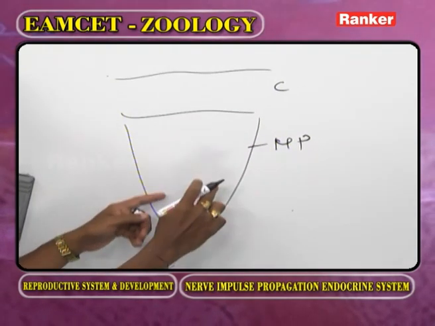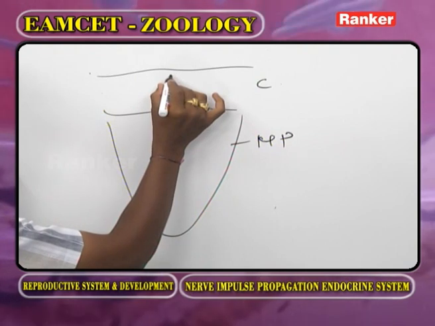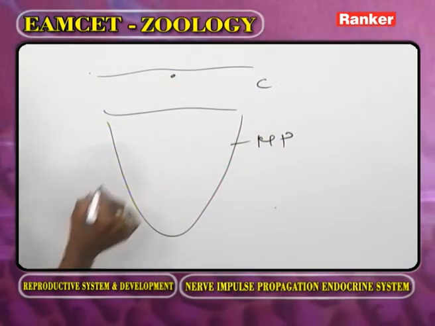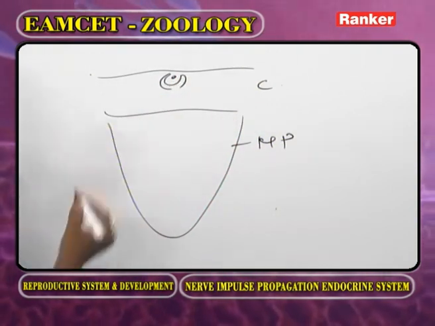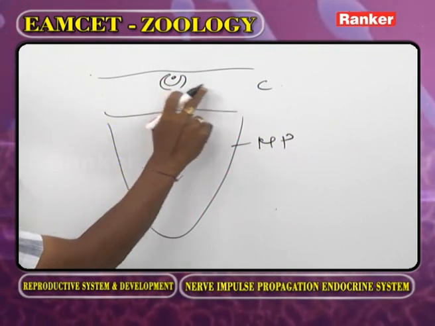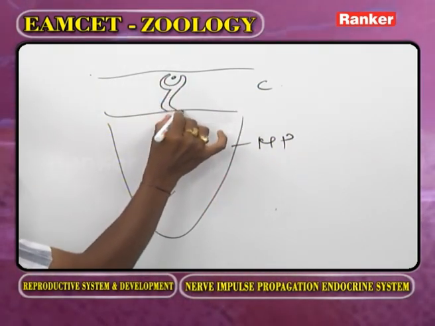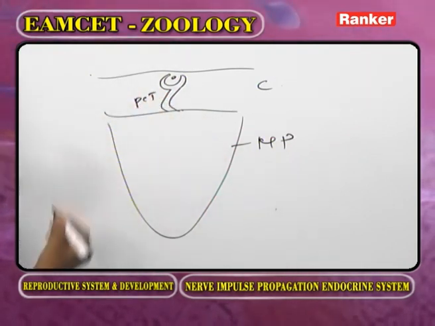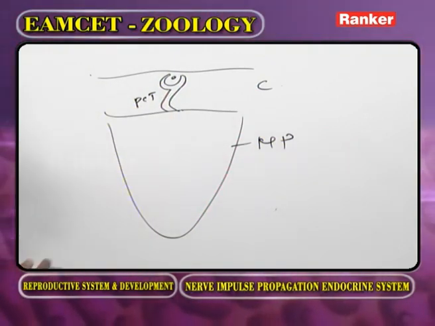The medulla is arranged in the form of medullary pyramids. This is the glomerulus, and this is the Bowman's capsule. The glomerulus and Bowman's capsule are present in the cortex, and this is the proximal convoluted tubule, which is also present in the cortex.